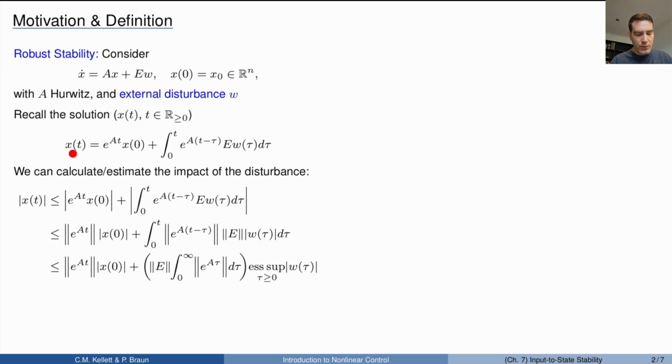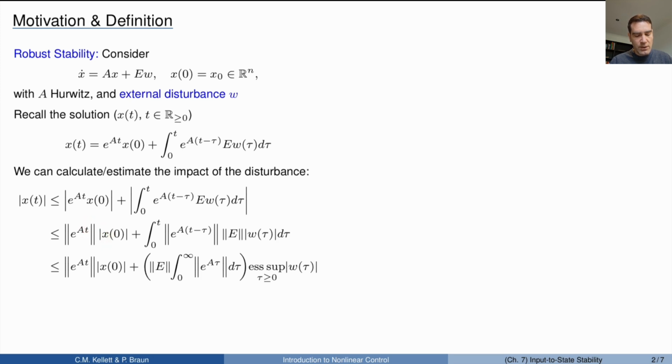So we take the norm of x of t, which means we also take the norm on the right-hand side, use the triangle inequality as a first estimate, and use the corresponding matrix-vector multiplication norm estimate.